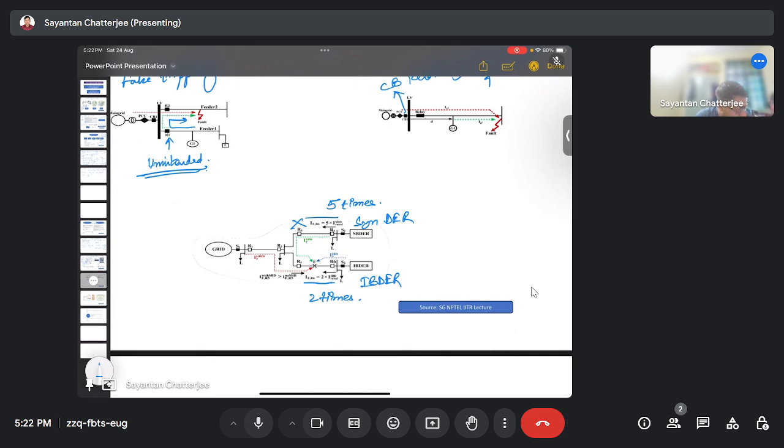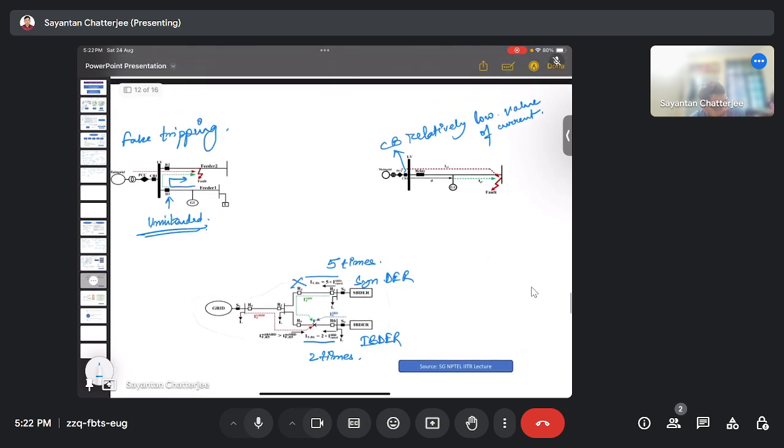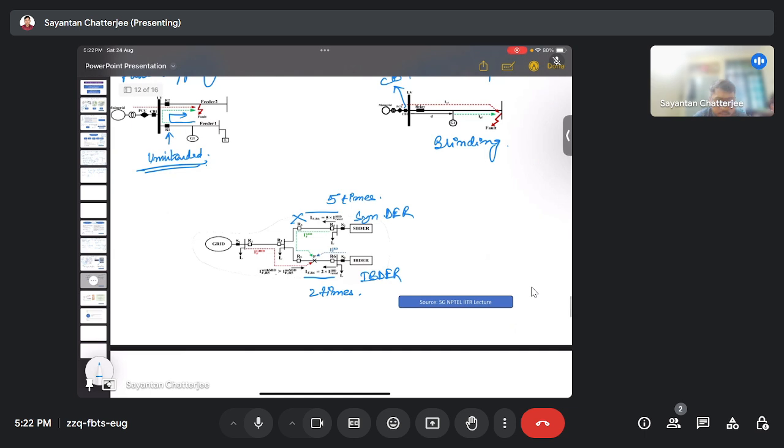Again, if the grid is blinded, that is, if the grid is not delivering the amount of power required once a fault has occurred, the power values and fault current values get reduced and the breaker doesn't trip, that would result in blinding. So, false tripping and blinding.